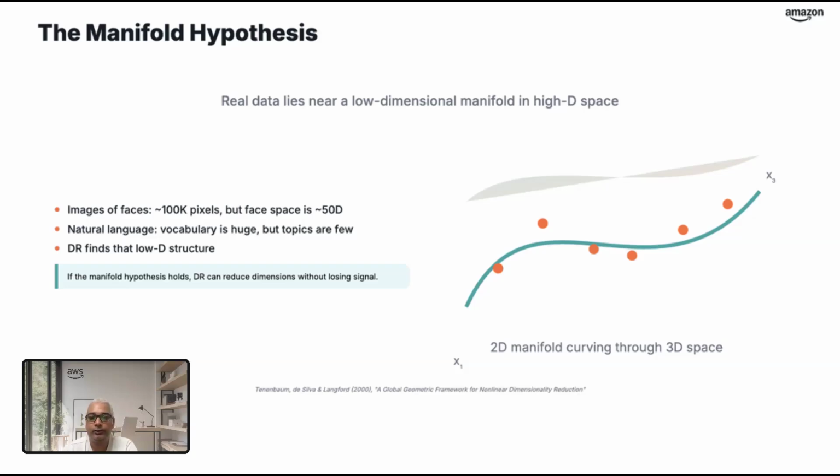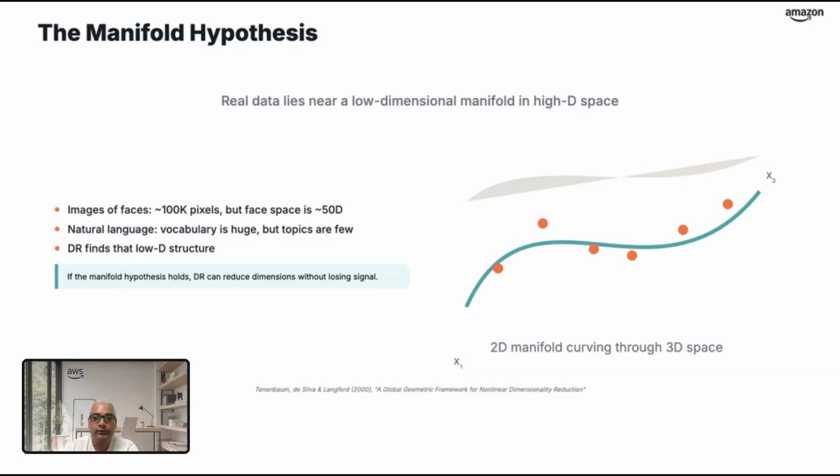So why does this matter to us? Because if the manifold hypothesis holds, and it almost always does for naturally occurring data, then dimension reduction can find the low-dimensional structure and project the data onto it without meaningfully losing any signal.